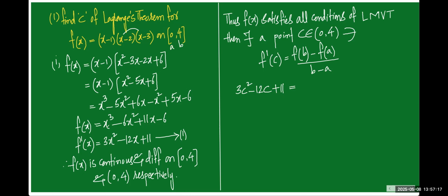F of B, we'll do in rough column and substitute here. If you put 4 in place of x, 4 power 3 is how much? Can you tell me this? We will erase it later. 4 power 3 minus 6 into 4 power 2. Do you have a calculator with you right now? Yes, sir. Can you tell me this answer?